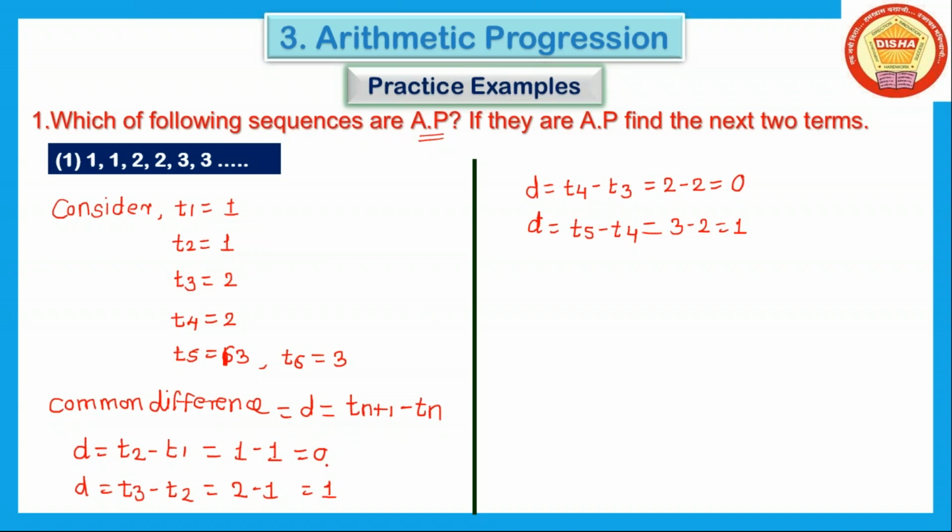See here, for the first one difference is 0. For second one, 1 is difference here. For third one, 0 is here. And for fourth one, common difference is 1 here. Okay. Means here difference is not constant. So we write here common difference is not constant.